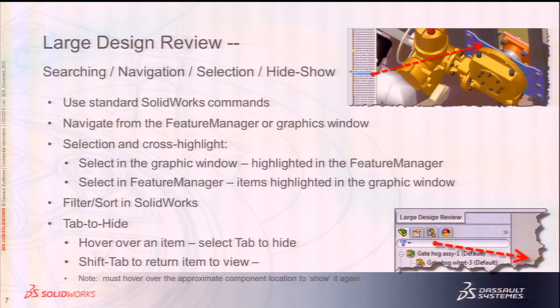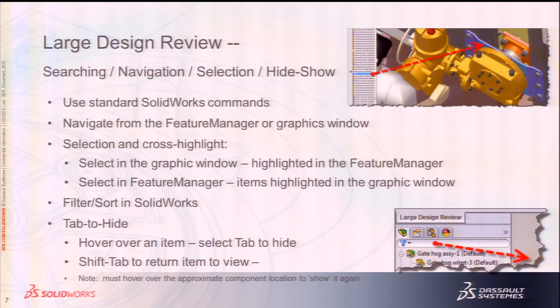Okay, so once you open it, then what do you do? Well, finding your way through the design, finding points of interest, find all the pumps, find all the cabinets if it has electrical controls. Finding those types of things is done the same way that you do it in standard SolidWorks mode. You have the filter above the feature manager. That's a viable way to search, and you can find your way through in that fashion.